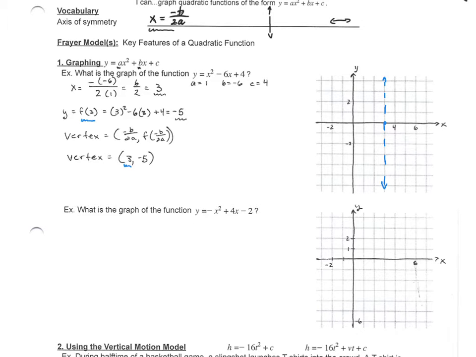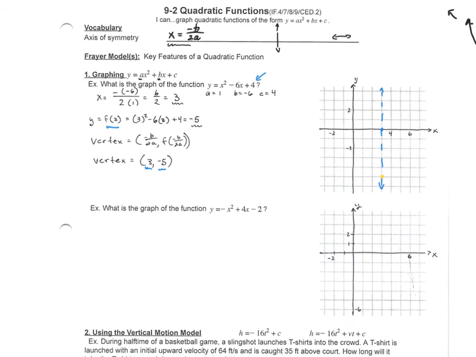So when I take my original equation over here and I replace x with 3, then I end up with 3 squared minus 6 times 3 plus 4, which turns out to be negative 5. So my vertex is going to fall on the point 3, negative 5, which is right here.